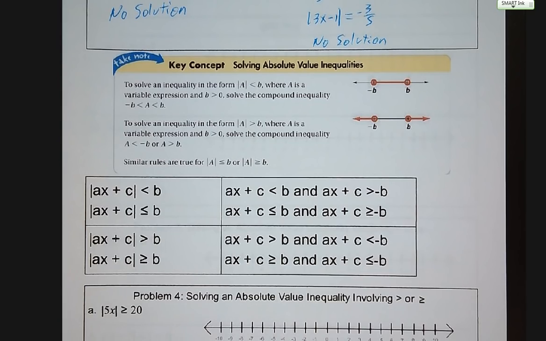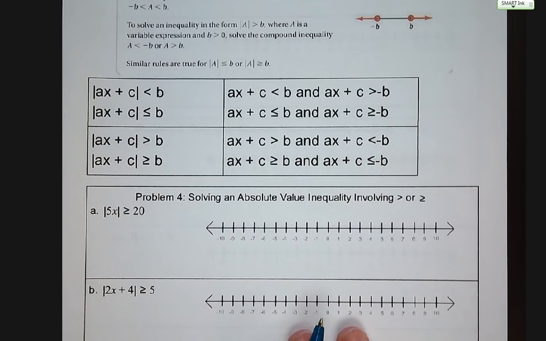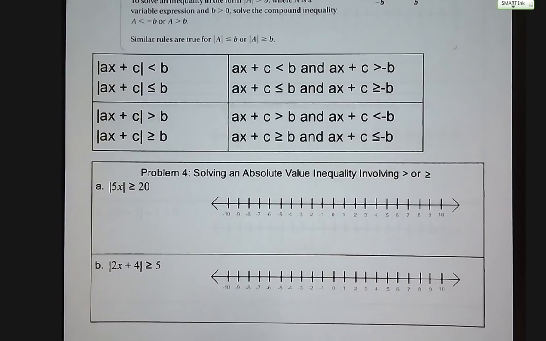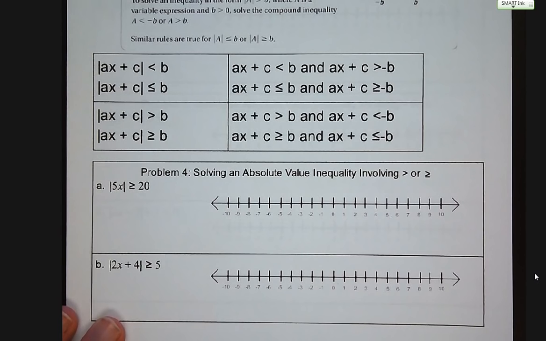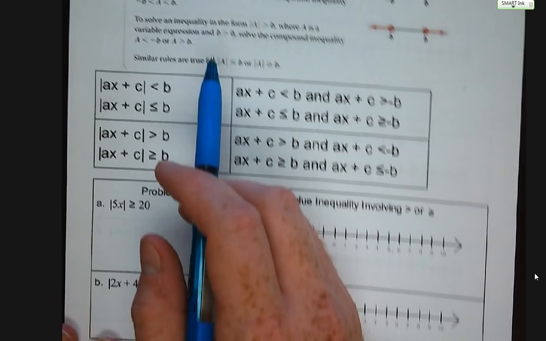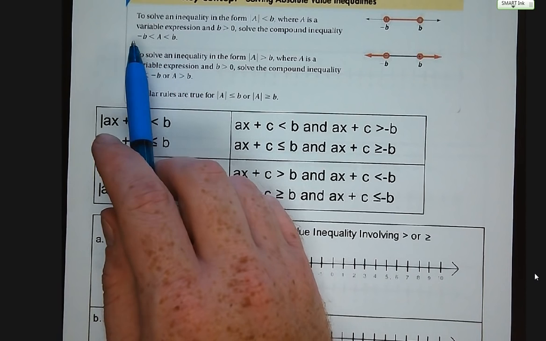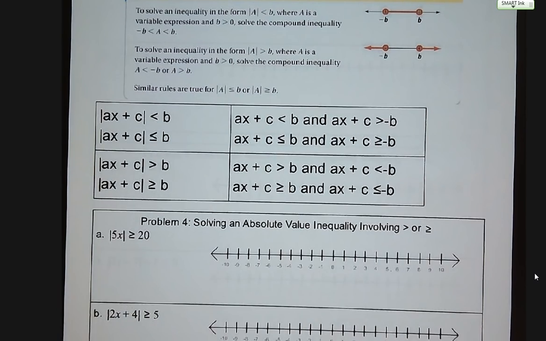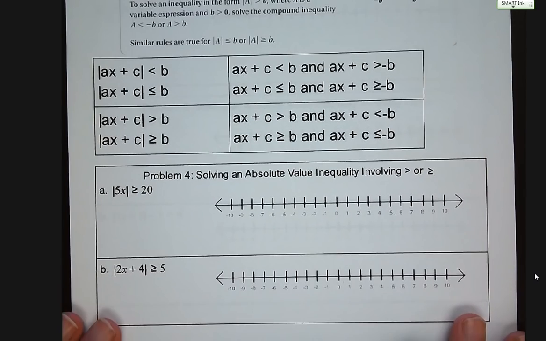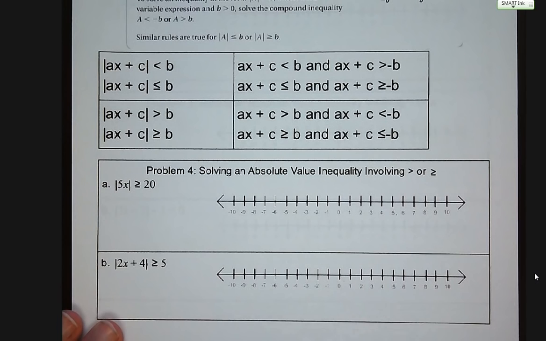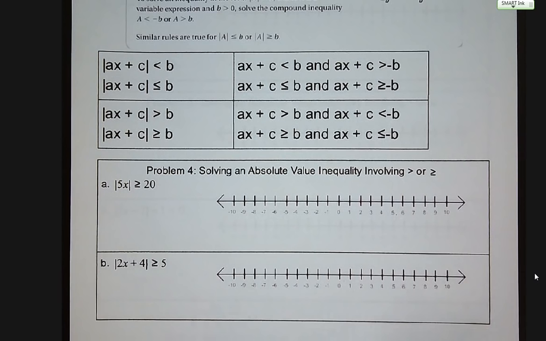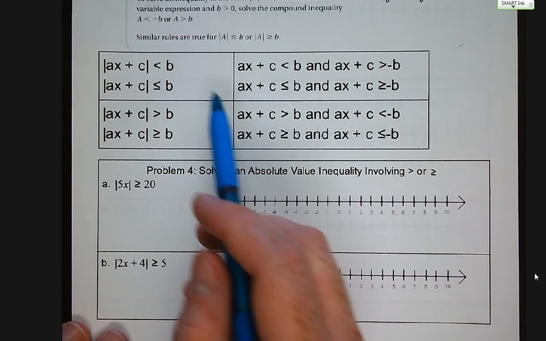All right, so we're going to start off with problem number 4, which is addressing solving an absolute value inequality involving greater than or equal to. Now, at the beginning, our rule said that we can write it as one big compound inequality, and that's fine. We can also do the same thing as we did with our equations, where we write them as two separate inequalities. And that's what my second box that I've added here tells us.